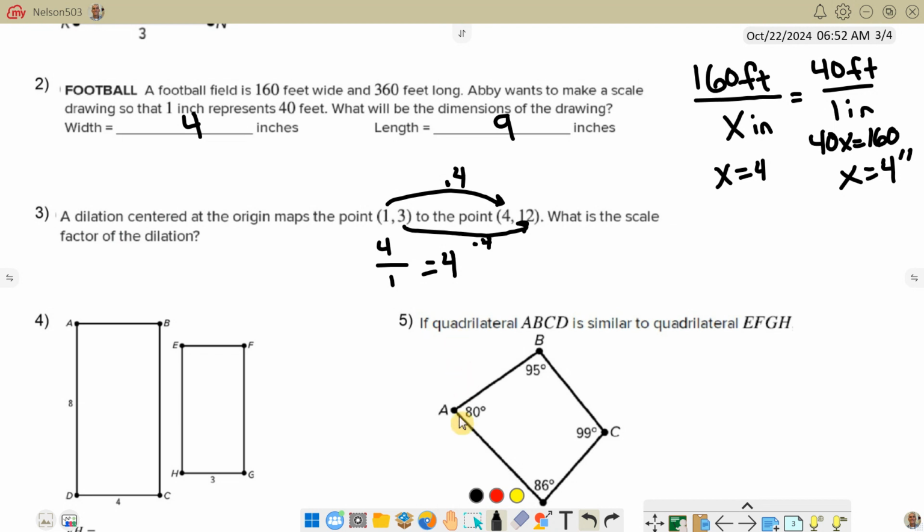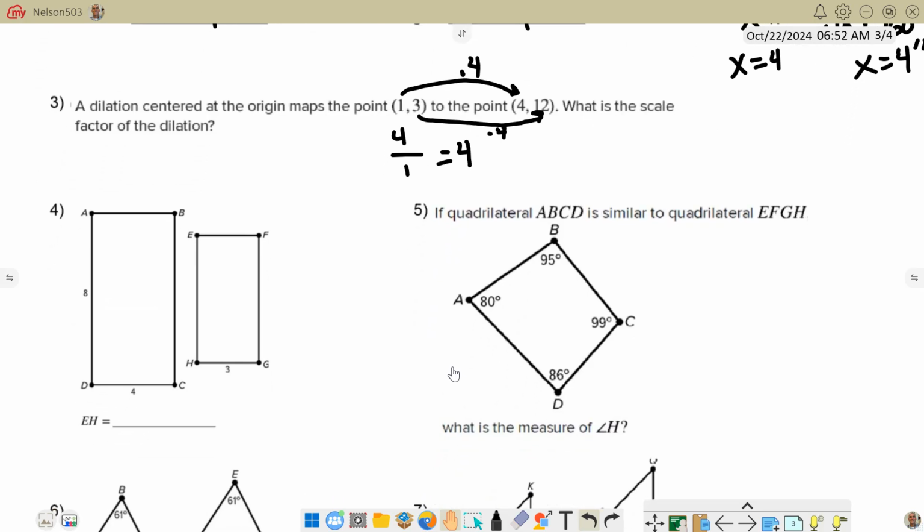On number 4, another kind of scale factor, but this time it's an application, right? So let's say we're going from this figure to this figure. And so that would mean that we have 3 over 4, right? So 3 over 4. And they want us to find EH, so let's put a little x here. Well, that would have to be equal to x over 8. Now, when the variable's up in the numerator, we don't really need to get rid of the denominator underneath 3.